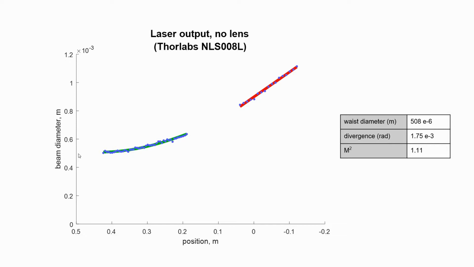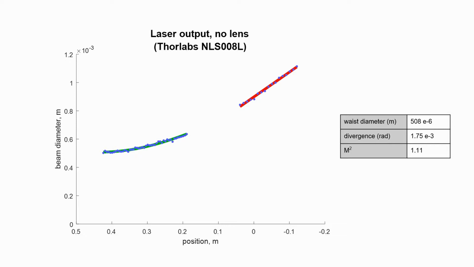It is just about 0.5 millimeter, which matches the data sheet, and the divergence, though I'm not really very far away from the waist. I should have measured the divergence further away, but because I don't have a very long table, this is going to have to do it. The divergence here is about 1.75 milliradians. Again, pretty close to the value that is supplied by Thorlabs on their data sheet.